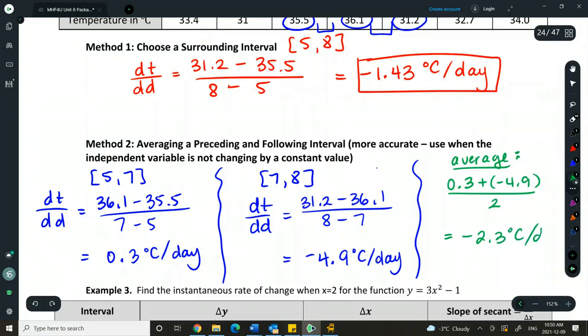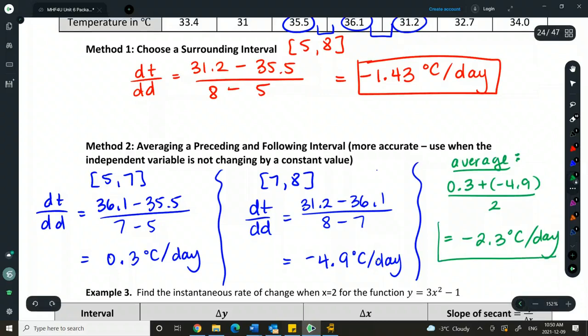Degrees Celsius per day. So this is actually a more accurate estimate for exactly how the temperature is changing at day 7 than this one was.